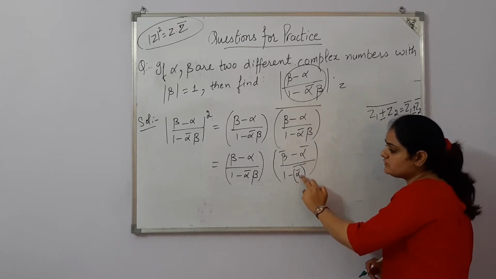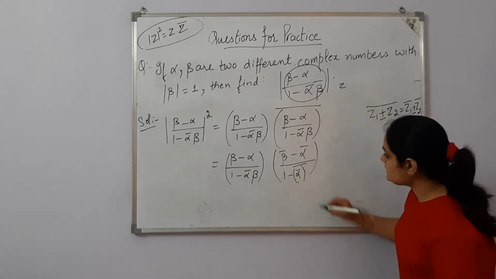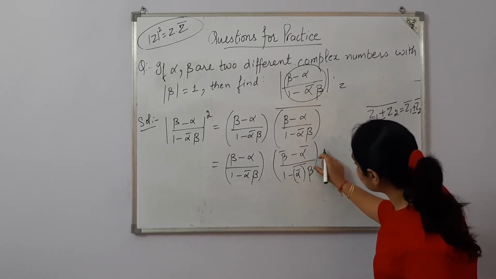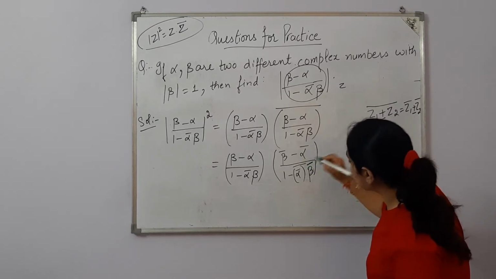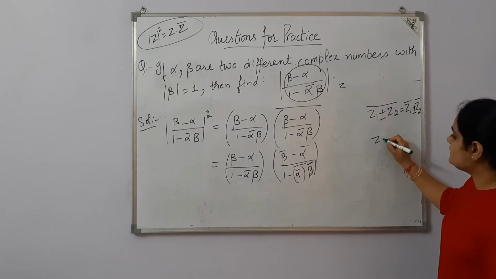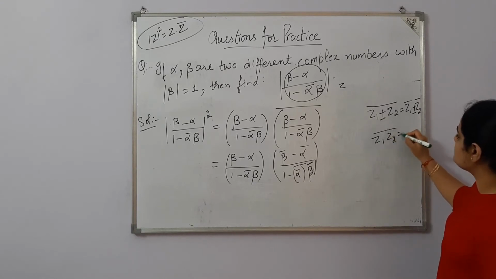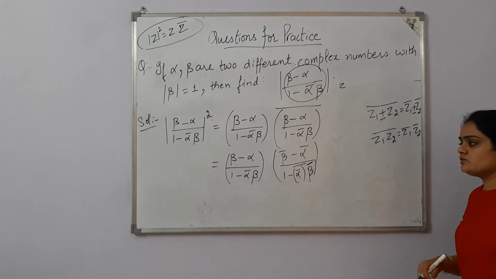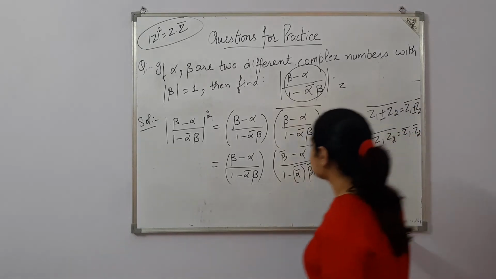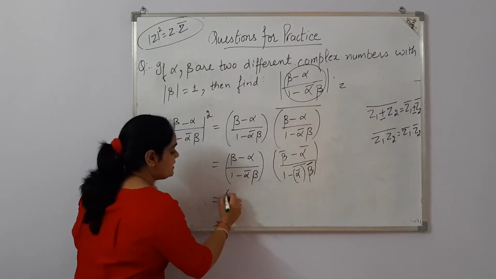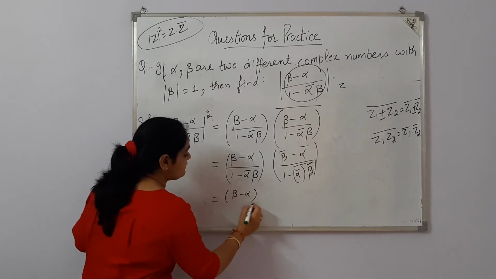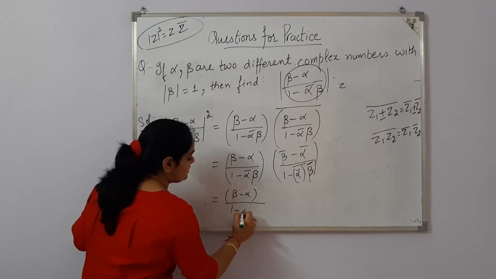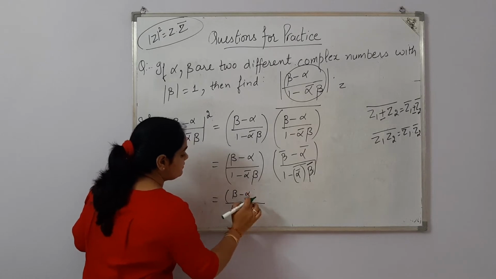So we wrote alpha conjugate and beta's conjugate, because if z1 z2's whole conjugate is there, we can write Z1 conjugate into Z2 conjugate. So we have beta minus alpha whole upon 1 minus alpha conjugate beta.